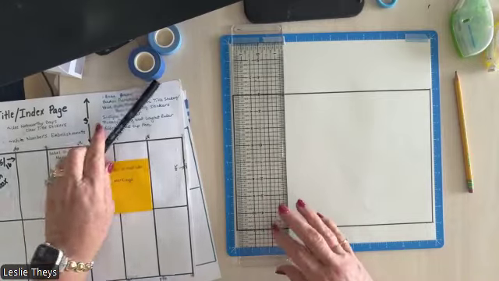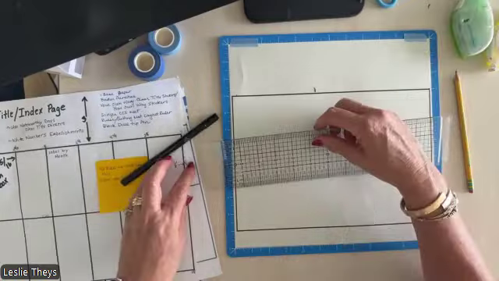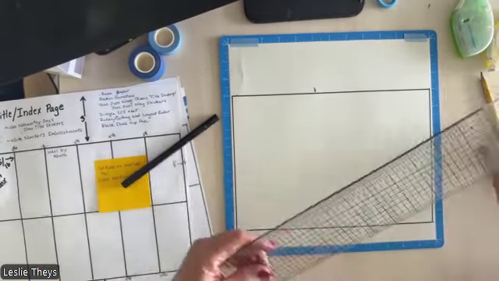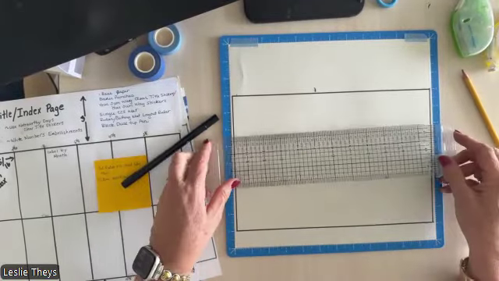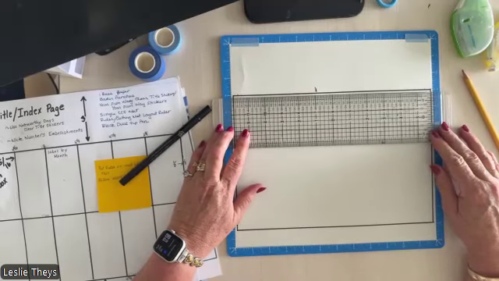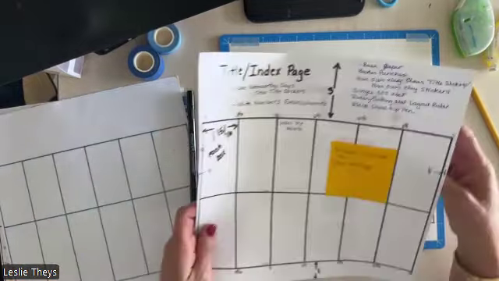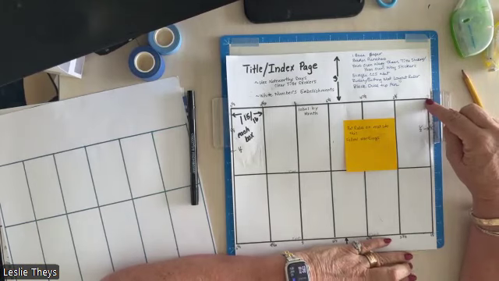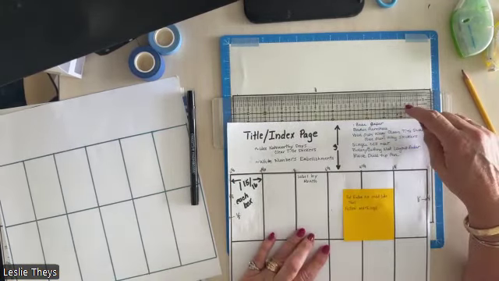Okay, so now we're going to put this on our page. And I'm going to do it so all these little 1/8 marks are up on top because we're going to need that to mark where our next lines are going to go. All right. So what I have done on this sheet is put the numbers with the corresponding numbers on this ruler.